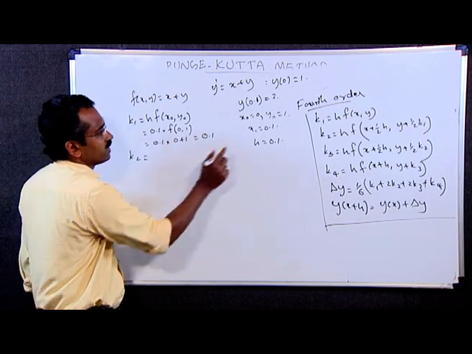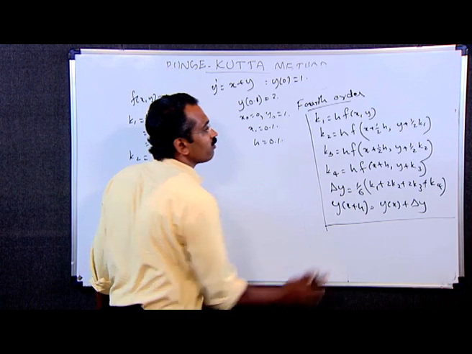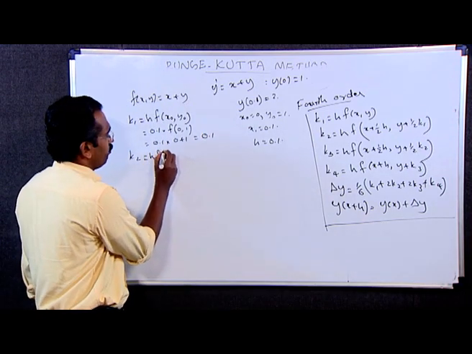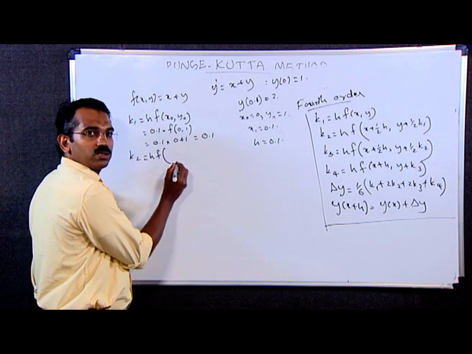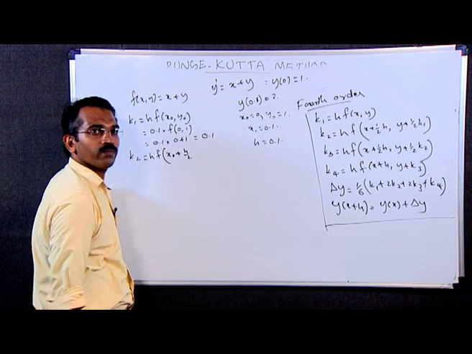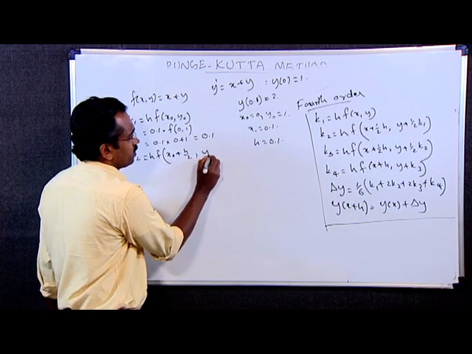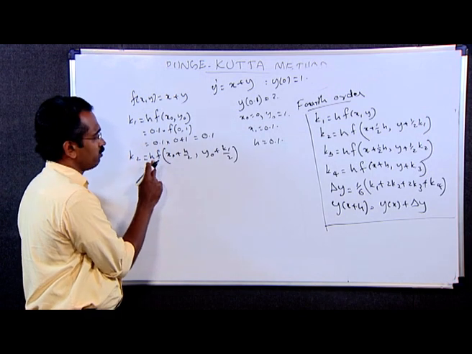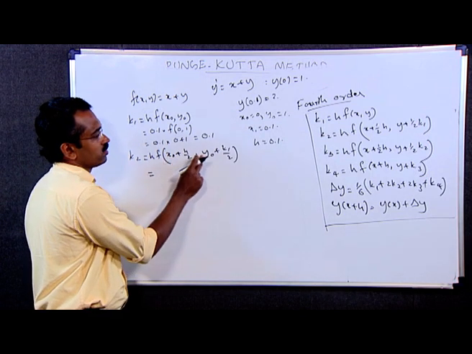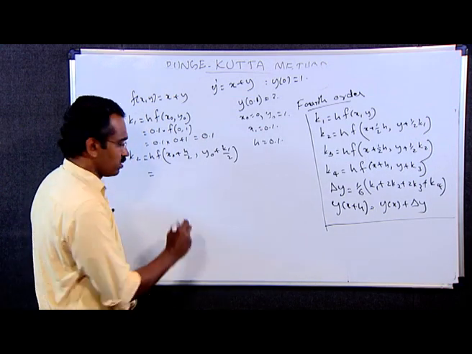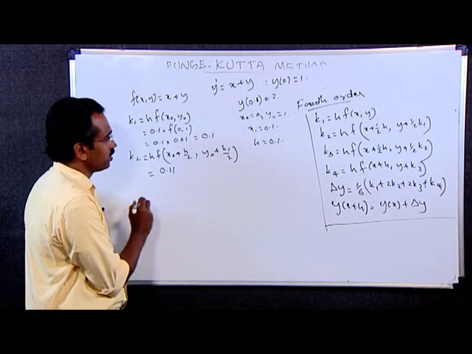K2 equal to h into f of x plus 1 by 2 h comma y plus 1 by 2 K1, that is h into f of x naught plus h by 2 comma y naught plus K1 by 2. On substituting the values of h, x naught, y naught and K1, we get 0.11.